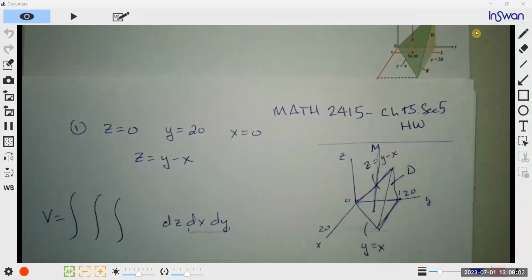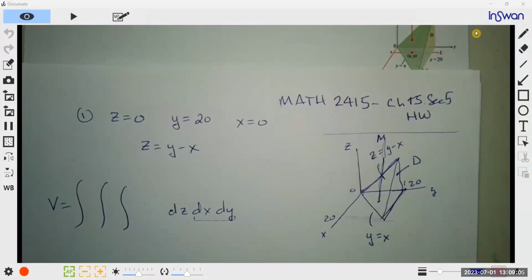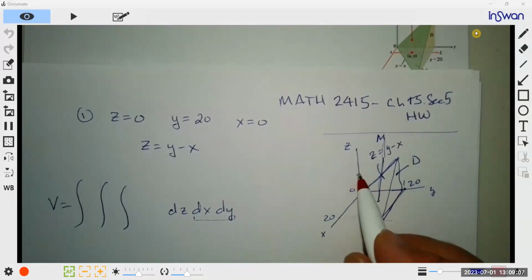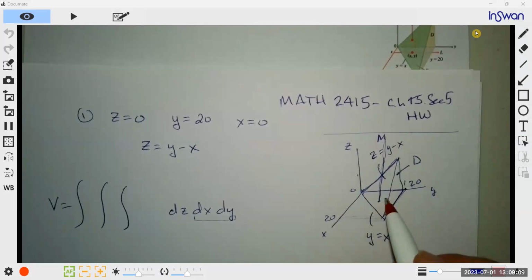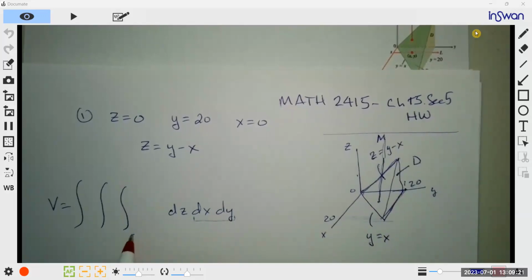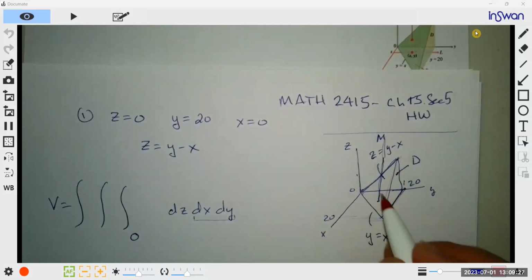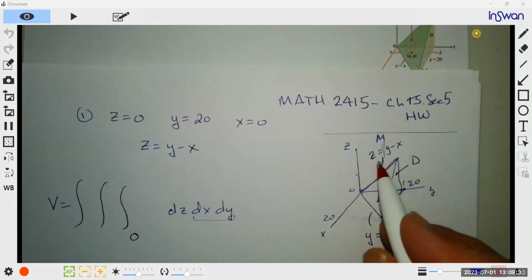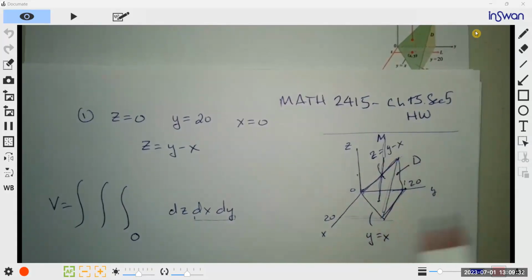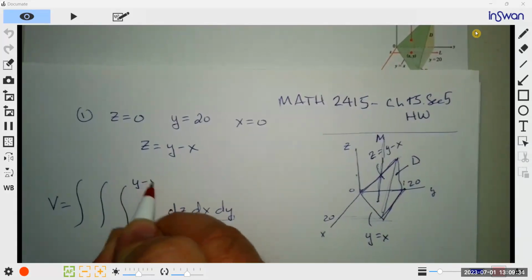That's M, parallel to the z-axis. That tells us the bounds of our z component. It starts at the bottom, since the shadow is on the xy plane, so it begins at 0. And it goes up until it reaches this plateau here, where it exits, which is the plane z equals y minus x. So that is that bound.